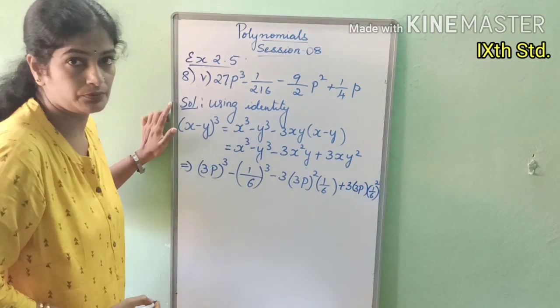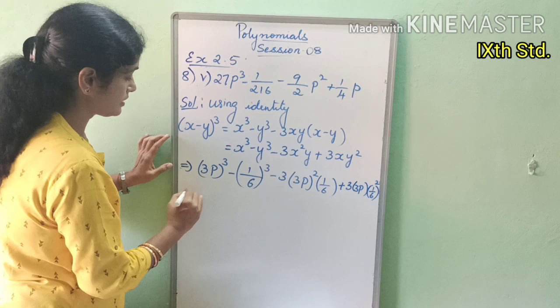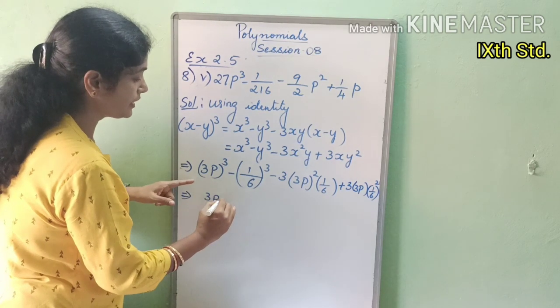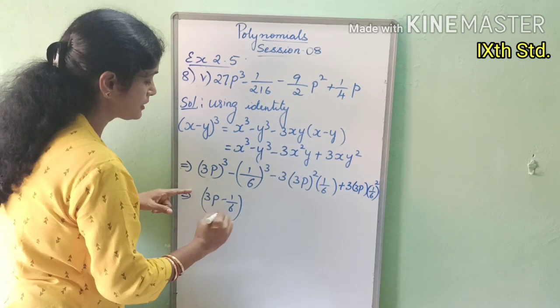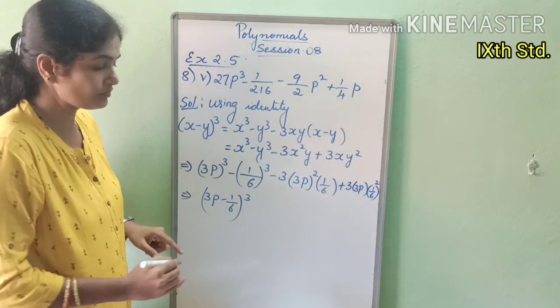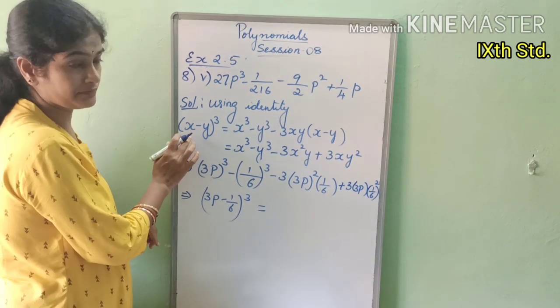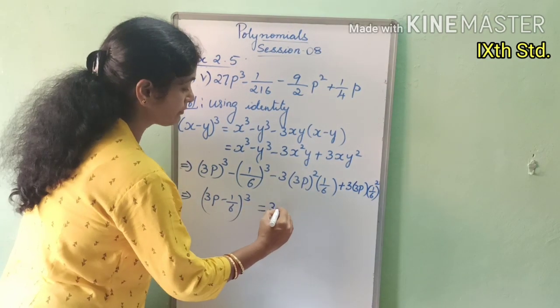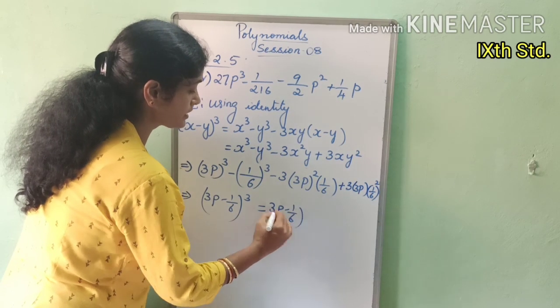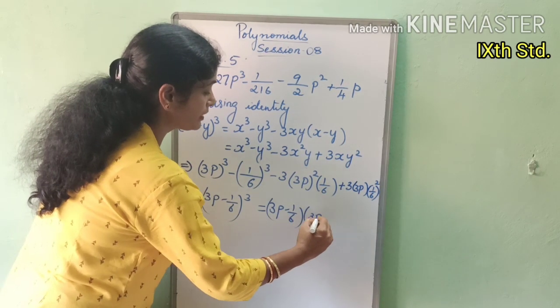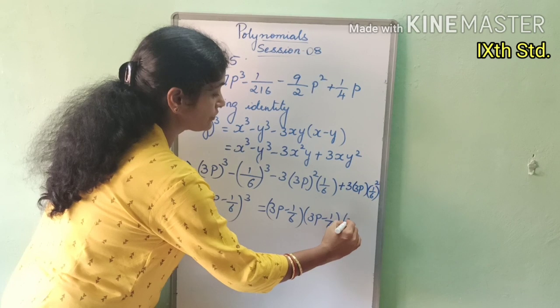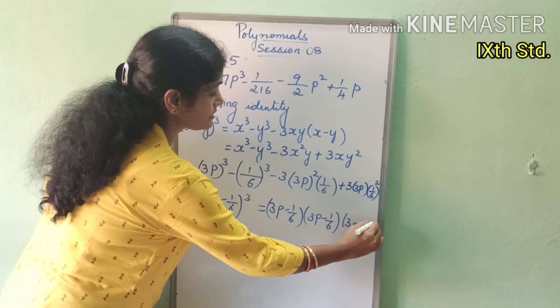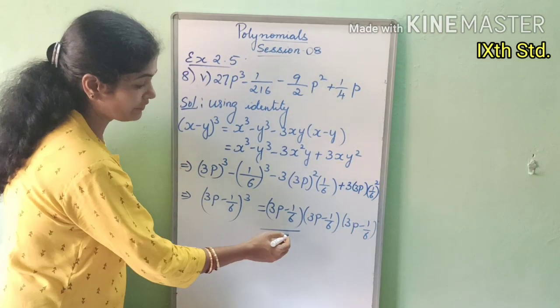This is equal to, fine. So this implies it is (3p minus 1 by 6) whole cube, using this identity. That is nothing but (3p minus 1 by 6) into (3p minus 1 by 6) into (3p minus 1 by 6). These are the factors.